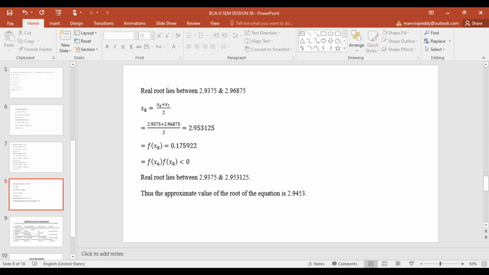Then we go for another root x8, that is x6 plus x7 by 2, that means 2.9375 plus 2.96875 whole divided by 2, which is nothing but 2.953125. f of x8 you get 0.175922.